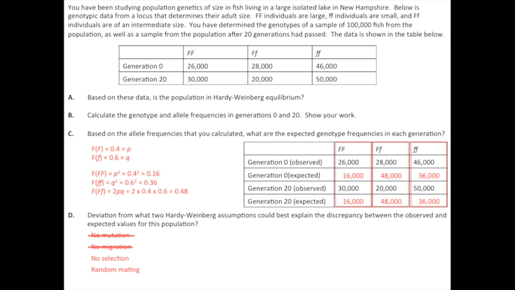Next, we have random mating. Let's compare that with what we see. More homozygotes than expected, fewer heterozygotes, and no change in allele frequency over time. This is a classic characteristic of inbreeding and other types of non-random mating, where individuals are more likely to mate with others like themselves. So if, for example, small fish are more likely to mate with each other, and not likely to mate with large fish, all those small f alleles from the small fish parents combine with each other to make more small f offspring.